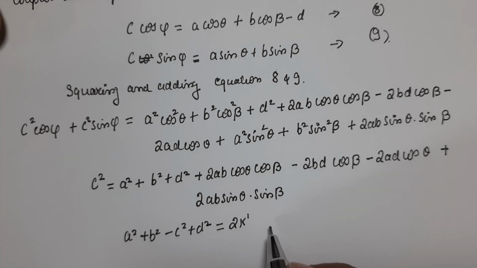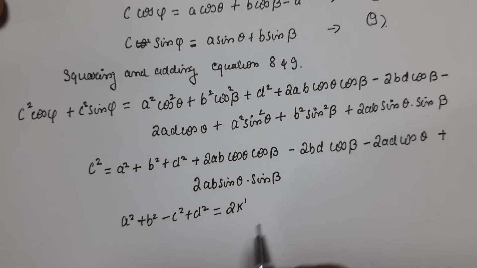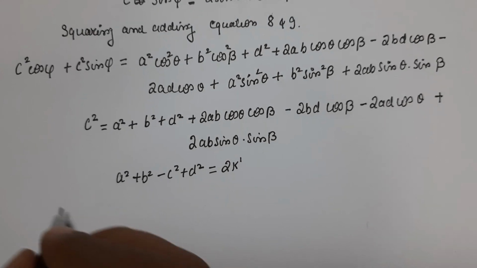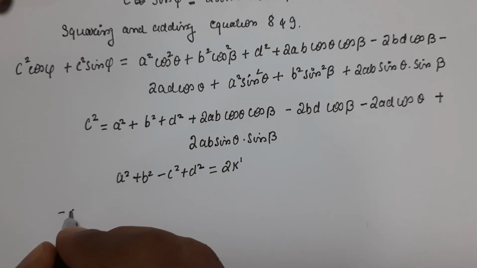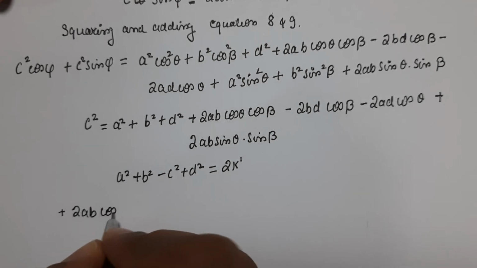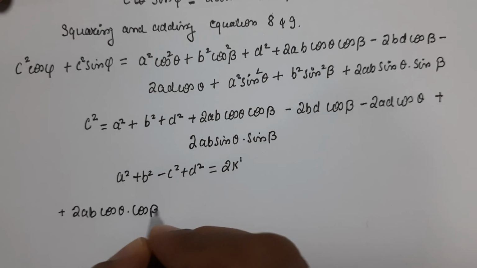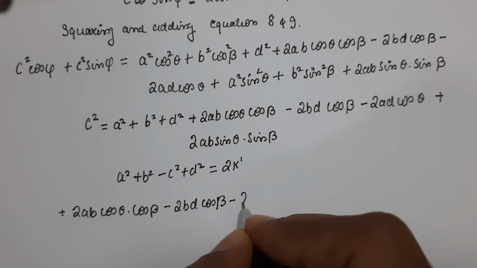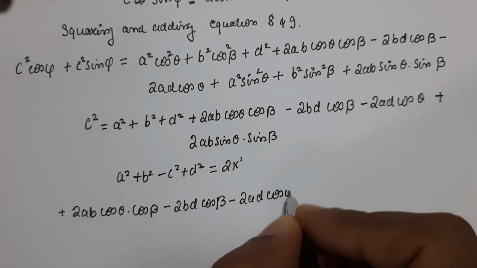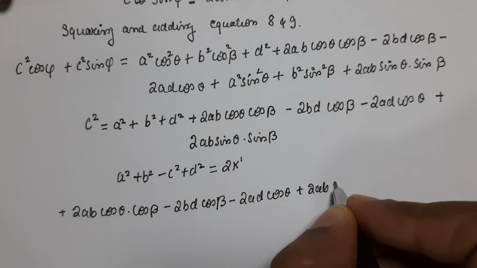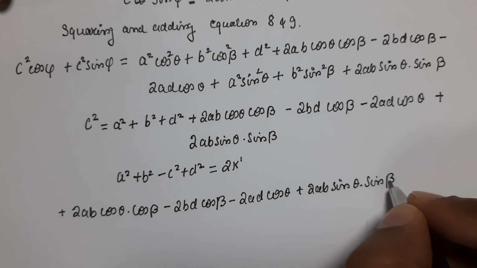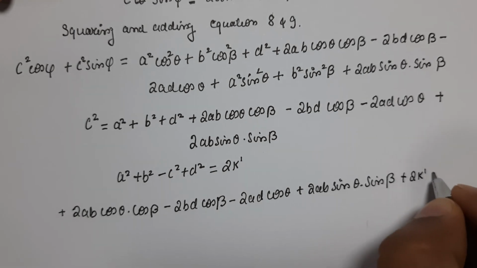After doing this, substituting this in this particular equation and simplifying, we write down the equation as 2AB cos theta cos beta minus 2BD cos beta minus 2AD cos theta plus 2AB sin theta into sin beta plus 2K dash is equal to 0.